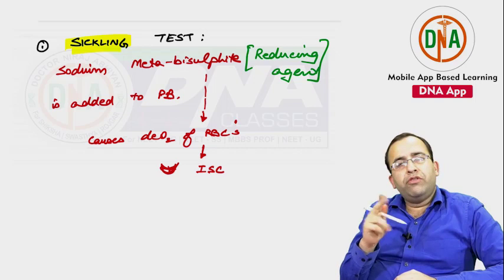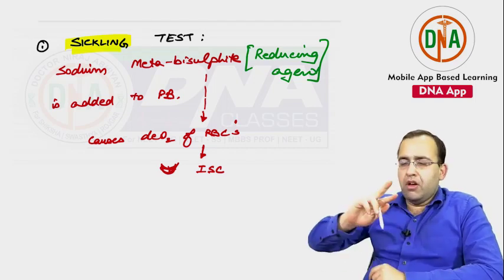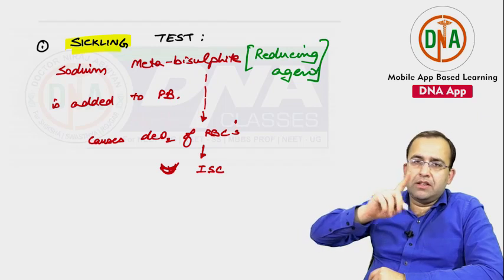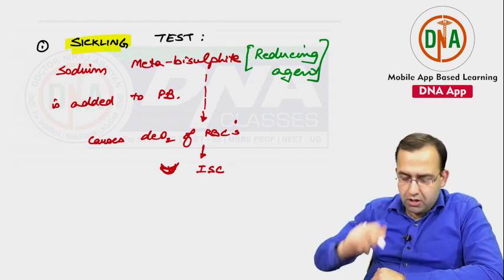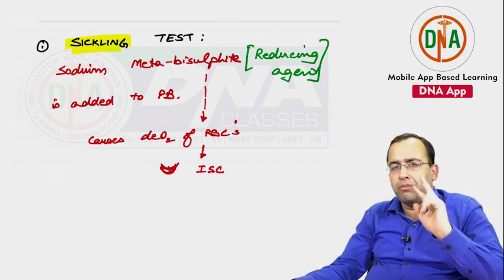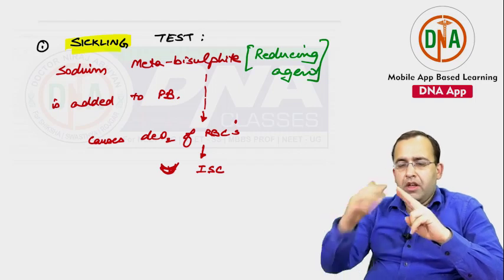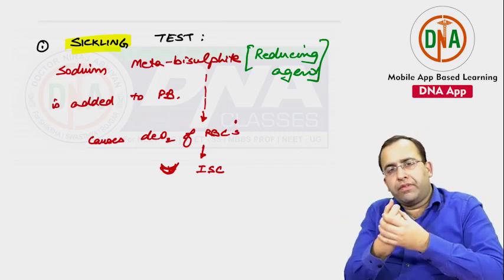Now, before we go further, what was the inheritance pattern of sickle cell anemia? Both the hemoglobinopathies, sickle cell anemia as well as thalassemia, were autosomal recessive. Autosomal recessive will manifest when both the alleles are abnormal. You know this from genetics. Sickle cell can present as trait also.